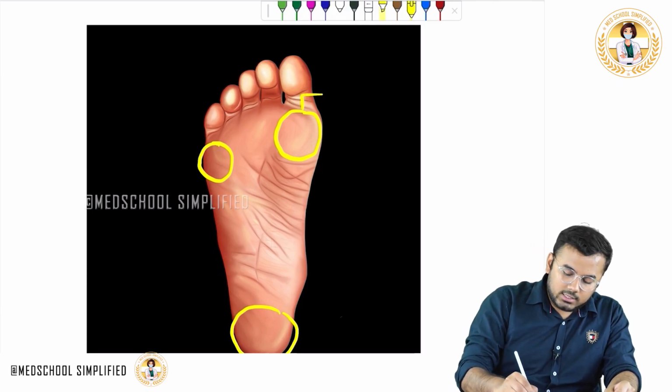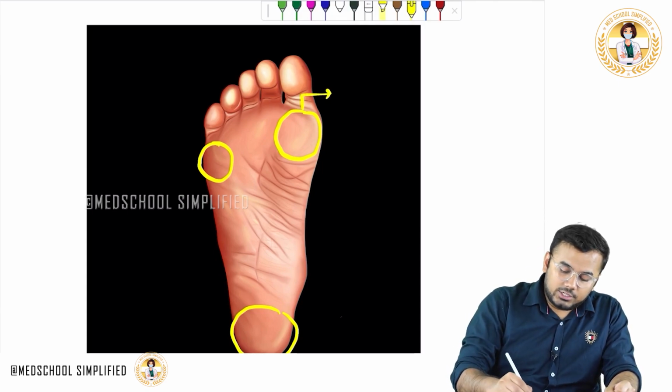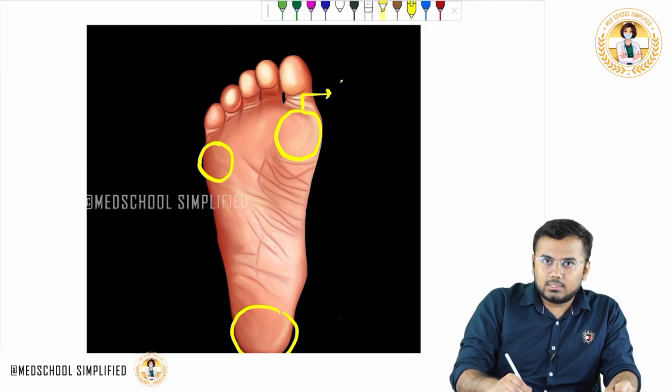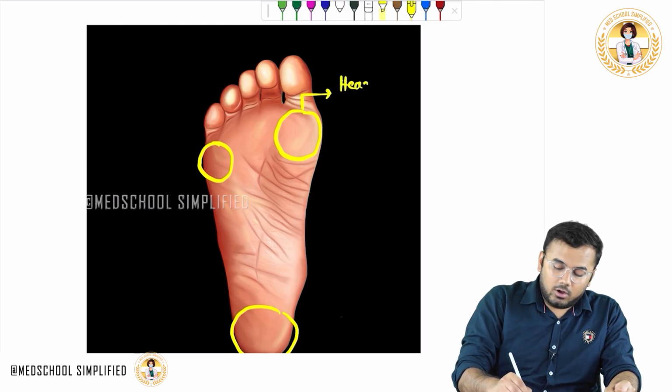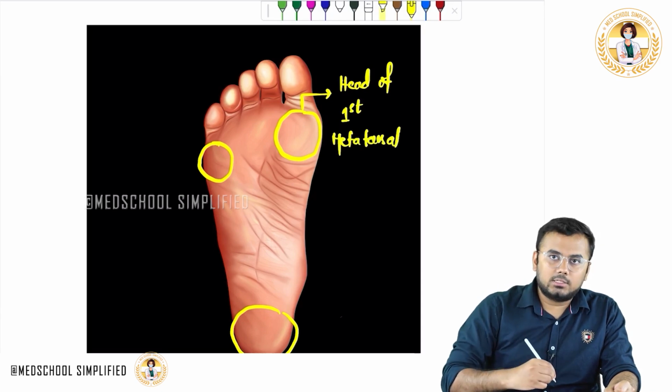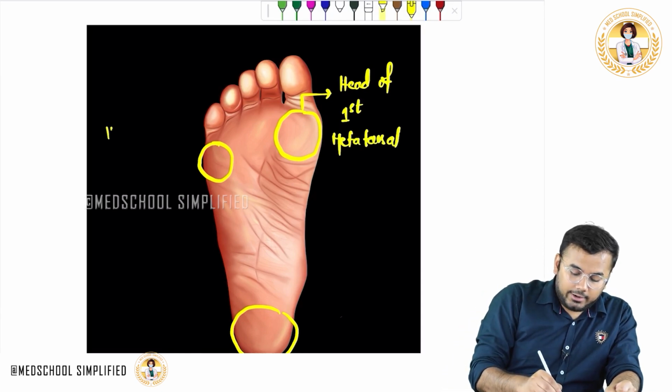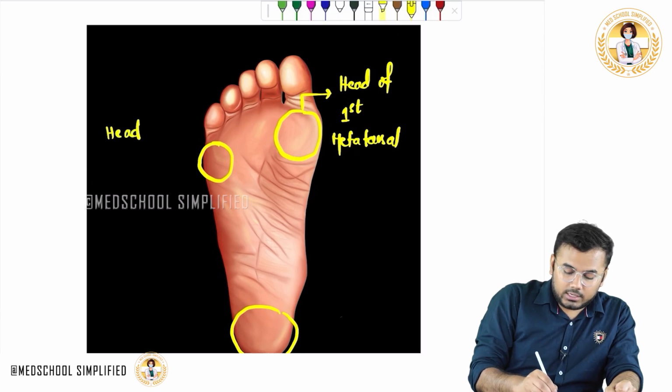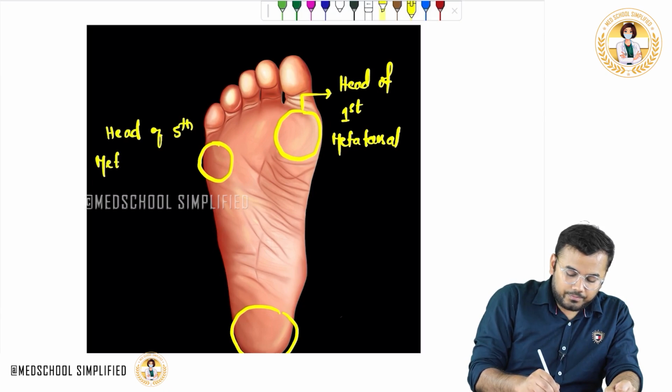So what is this region called? This region we have the metatarsals. So the head of the first metatarsal, next here also the head of, not first, the head of the fifth metatarsal, right?